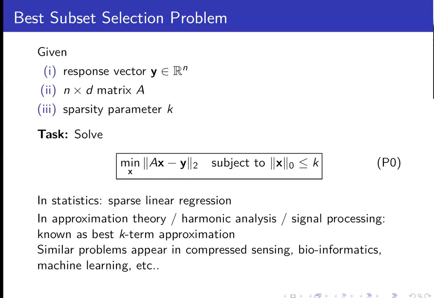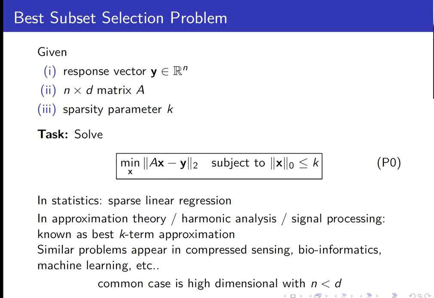These are different base signals, and this problem amounts to approximating y by a linear combination of k atoms from your dictionary. So it's called the best k-term approximation. And of course, this problem also appears in compressed sensing, and various related problems appear in bioinformatics, machine learning, and more.